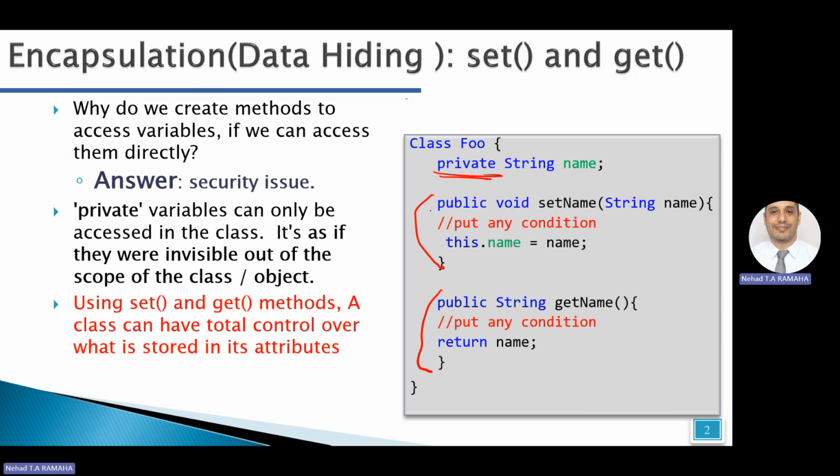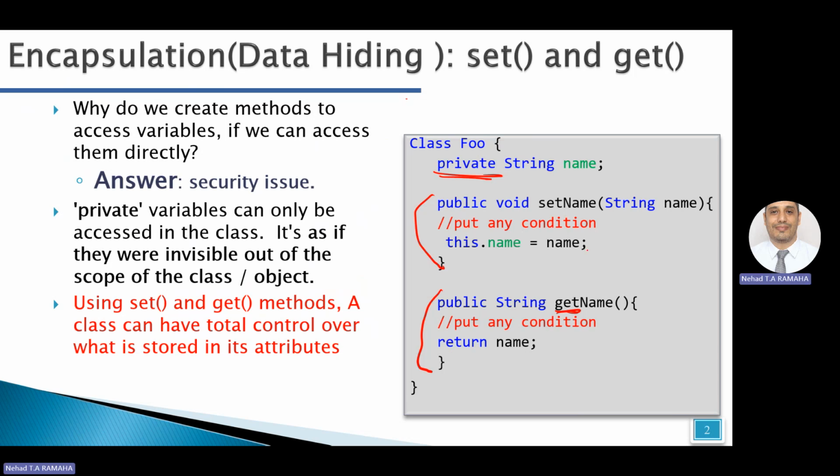If you need the data to be readable only, you can use a get method: get name, get birthday, get ID, get anything to return the data to the outside. So we make it available for the outside to read it.